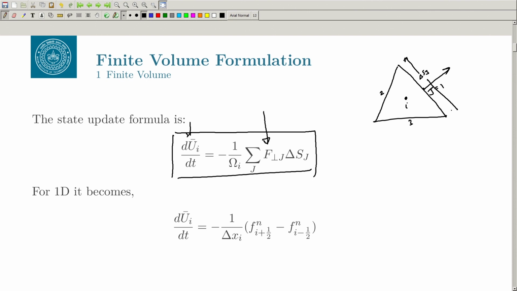In 3D it will become the cell volume. So, this is in fact called the cell volume. In 1D it will be just the delta x, right. So, this is a general formula. We had used the Gauss divergence theorem to derive this formulation. So, if it is 1D, this is my I, this is my I plus 1 and this is my I minus 1.